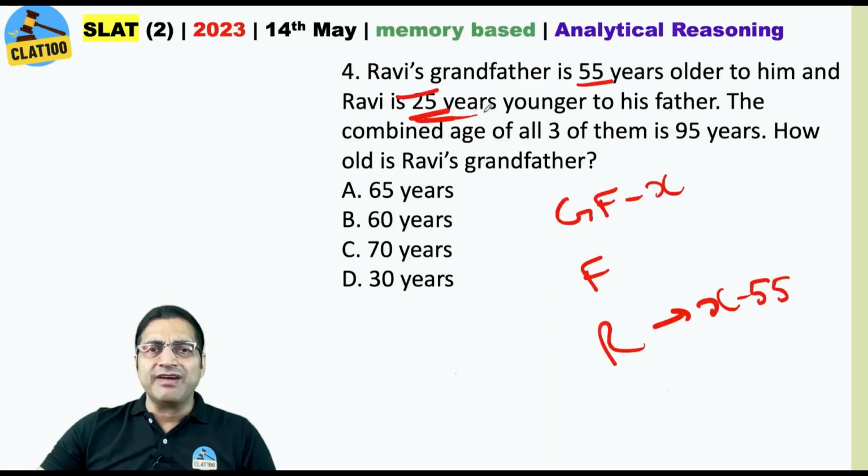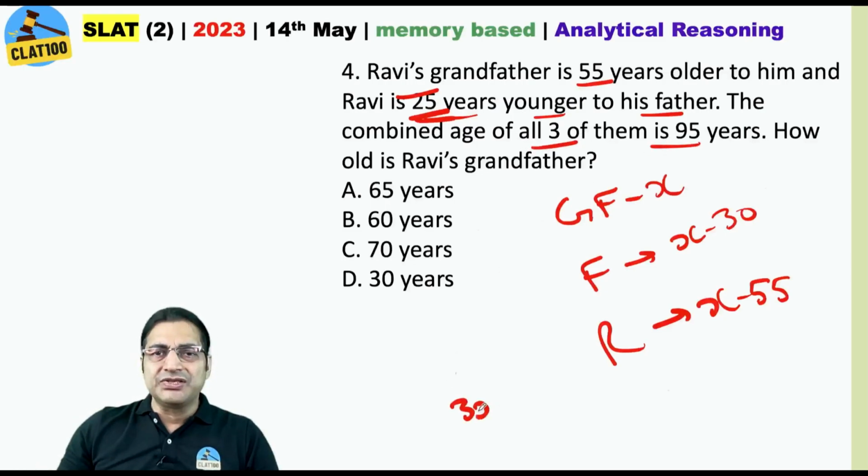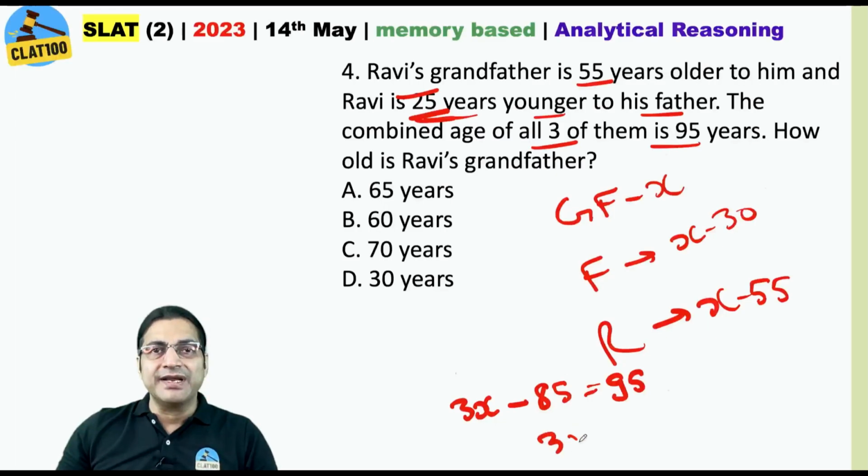And Ravi is 25 years younger to his father. The father should be x minus 30. Alright. The combined age of all three of them is 95 years. It means 3x minus 85 is 95. This gives you 3x is 180 and x is 60.